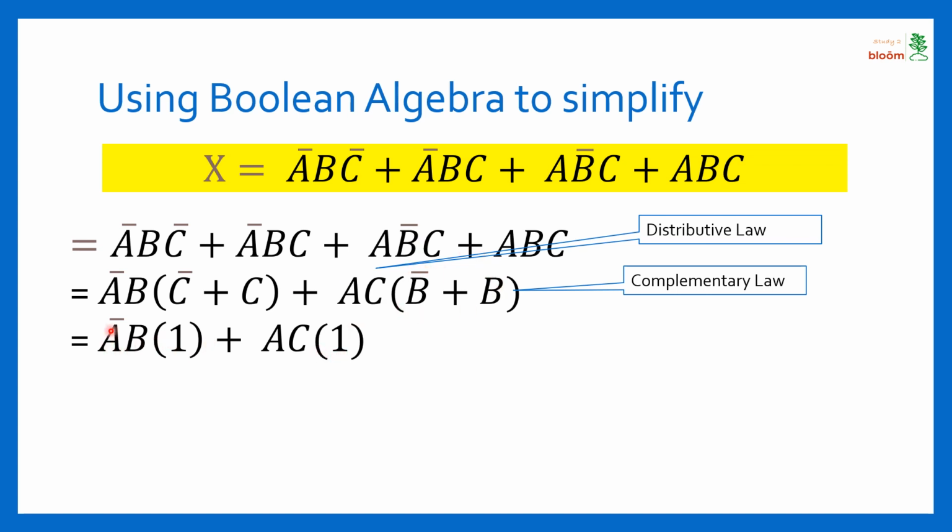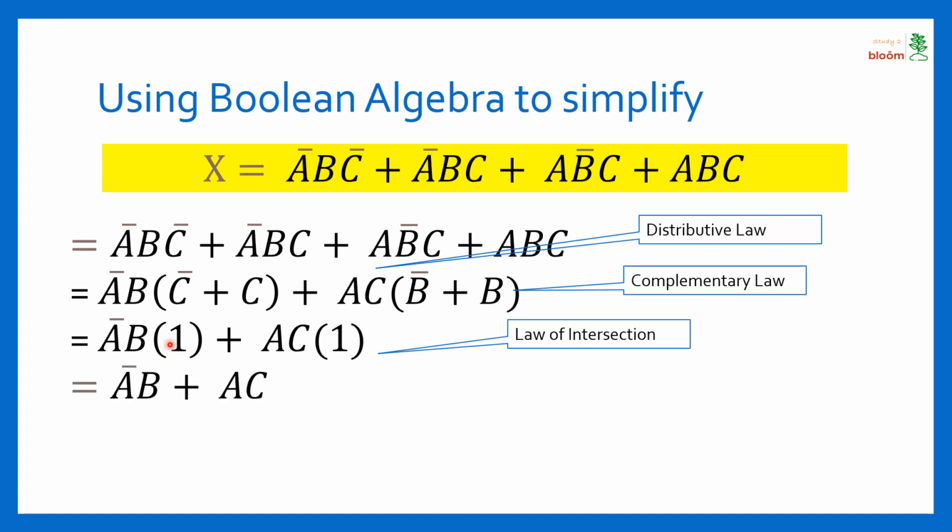Then we get negative AB plus AC. So when we have 1, we can use the law of intersection and we can say it's AB plus AC. So we have simplified this long expression into a simpler value.